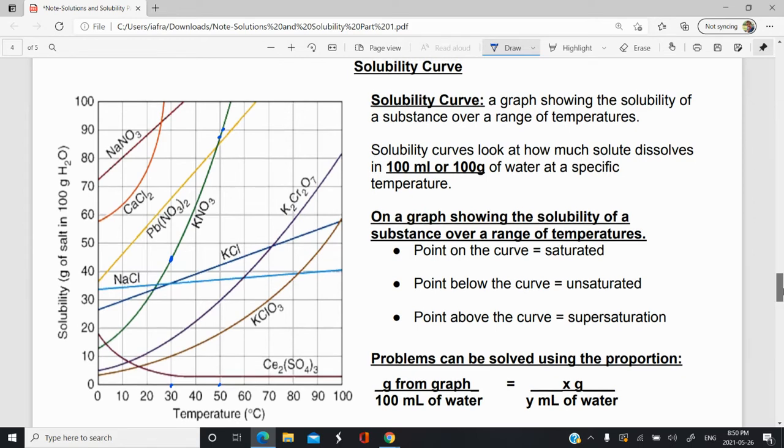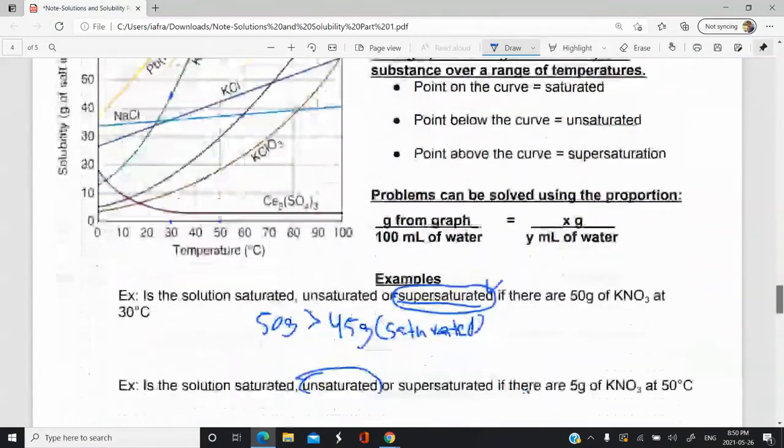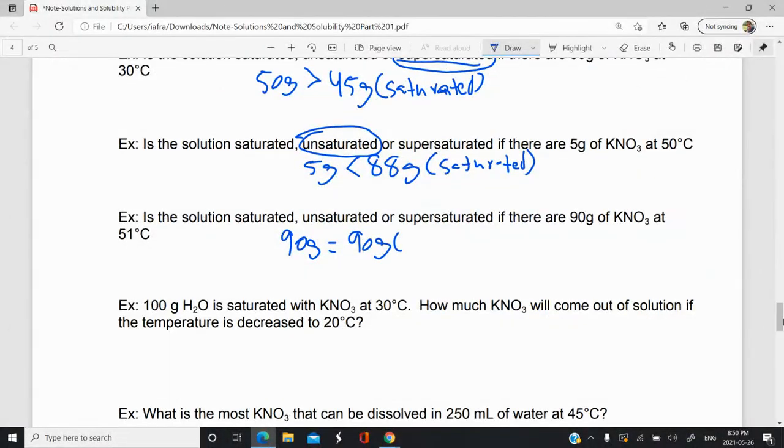At 51 degrees Celsius, you can hold 90 grams, which is equal to the 90 grams at saturation, right? It's on the curve. It's on that line there. So basically, we're not overfull, we're not underfilled. We are just full, and that's our saturated solution.